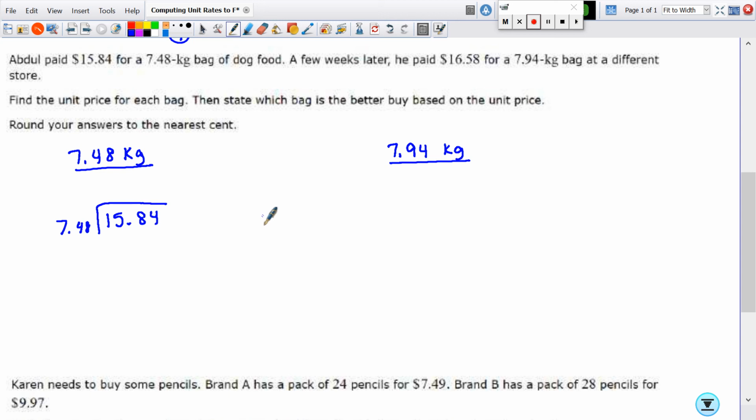However, you're not allowed to divide with decimals on the outside. So we need to move the decimal to the end and make it 748. I'm almost thinking I'm not going to have enough space here. Let me move that up a little bit.